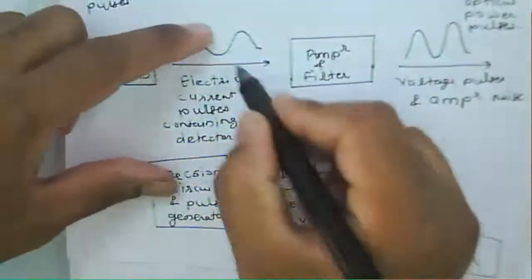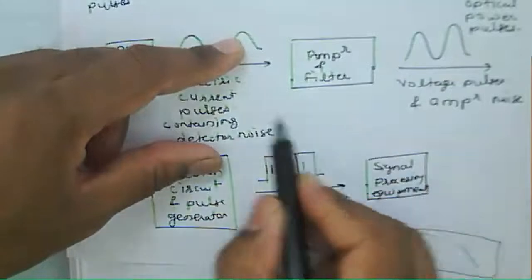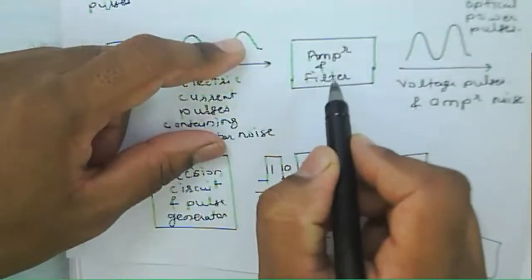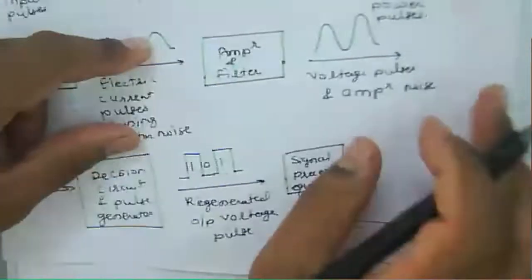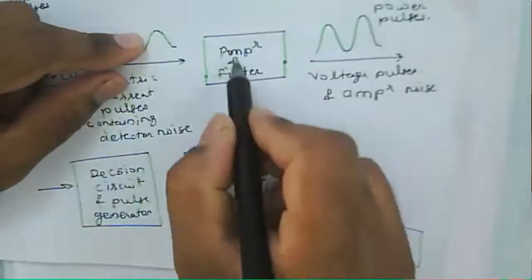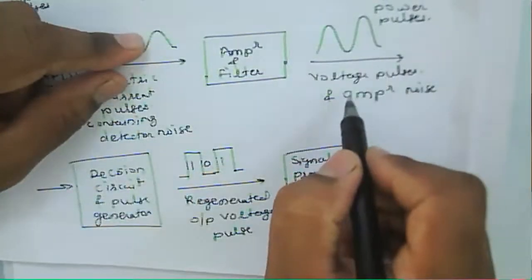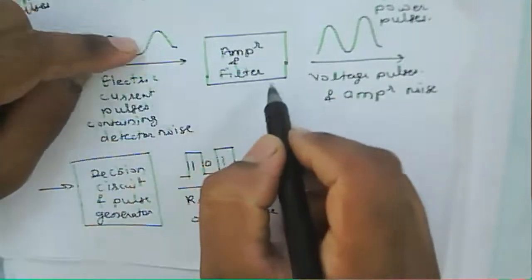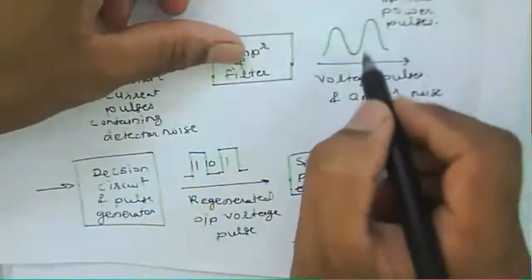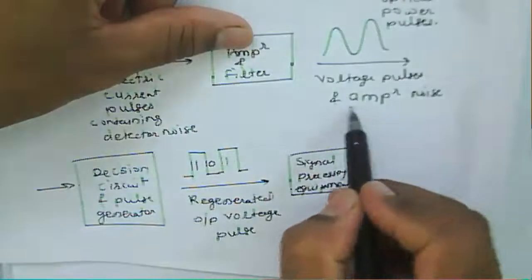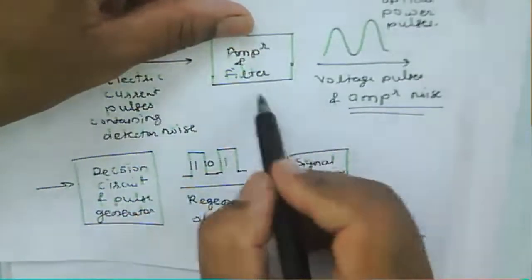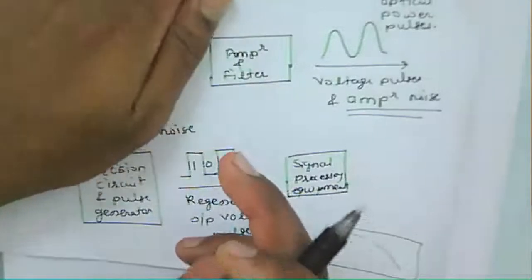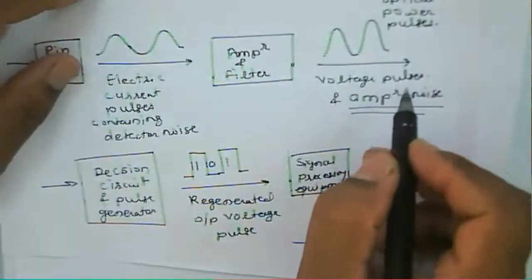So that is about the noise, and after that the output goes to the amplifier and filter, and then we have the amplified output and noise. For noise we require a filter here, so noise will be removed, and we'll get the output. But that output has a noise. That noise is from the amplifier. The detector noise and everything else is removed, but there is a noise from the amplifier.